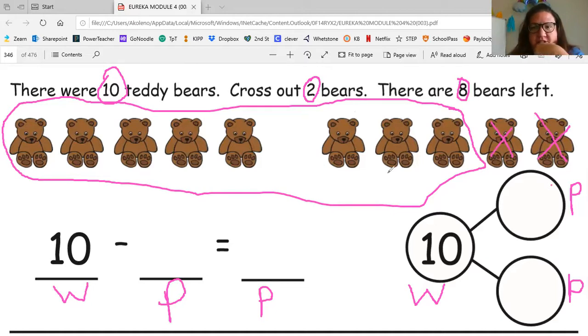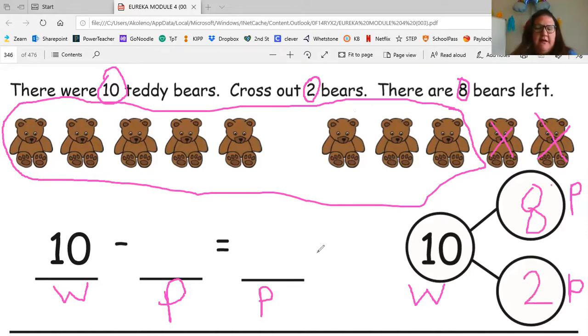Okay, let's do the easy side first. We know number bonds really, really well. So if we know that all together we have 10, what are the two parts you see here? Right. Over here we have 8. And over here we have 2.